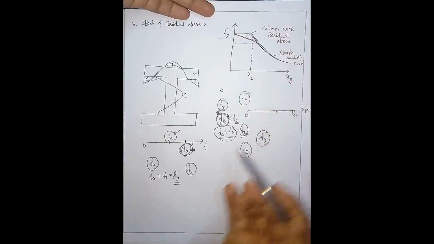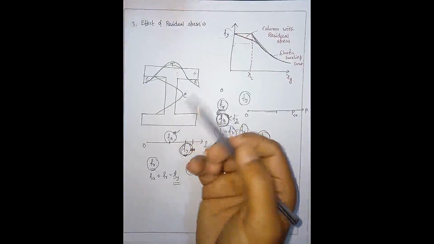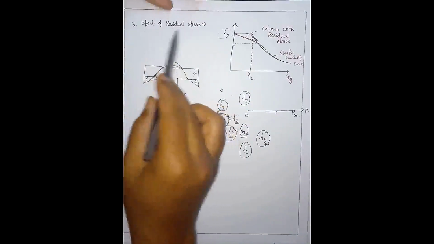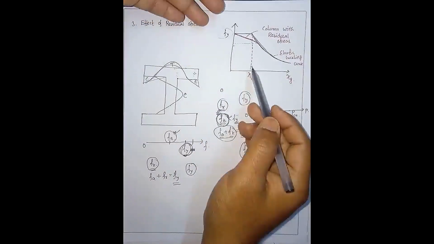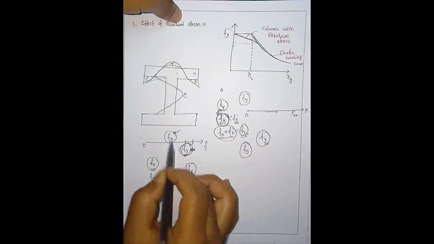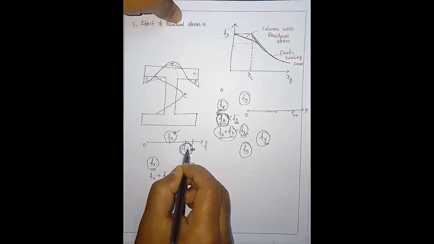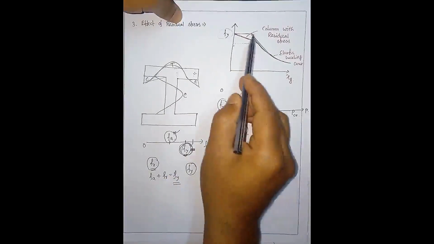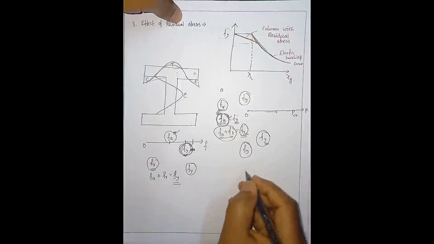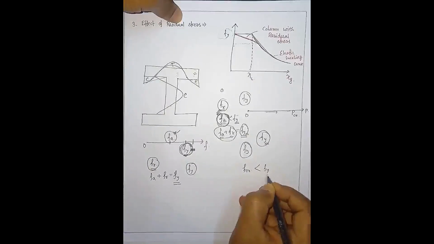So the residual stress will have more effect on the short column, not on the long column, because everything is happening in the range near this Fy. This range is applicable to short columns, not to long columns, because for long columns the stress is Fcr, which is much lower than Fy.